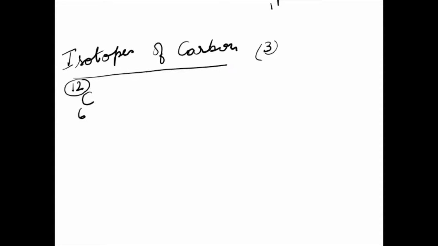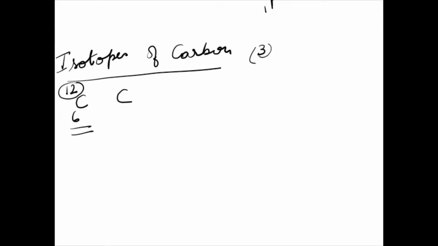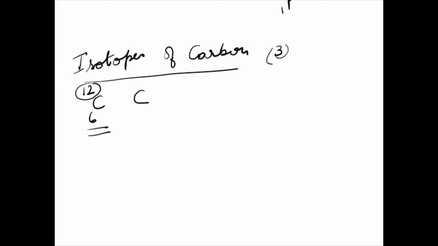Now the isotopes of carbon are: this C-12 is very much abundant in nature. But the other isotopes are C-13 and C-14. So these two are not very abundant in nature, but they also exist.